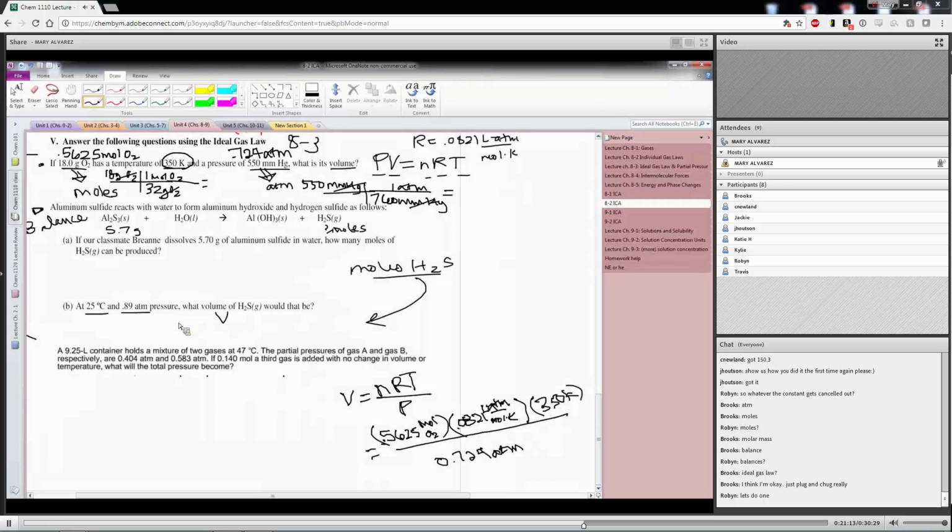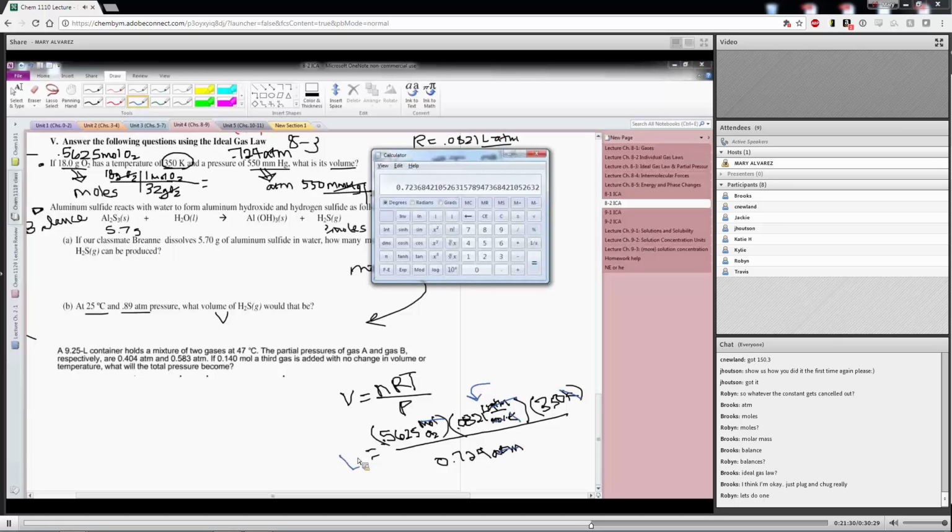And if we watch our units carefully, we see moles cancels with moles, kelvins cancel with kelvins, atmospheres cancels with atmospheres, and we're left with units of liters, which is great because that's what we were asking for was volume. So now we just plug it in, 0.5625 times 0.0821 times 350 divided by 0.724.